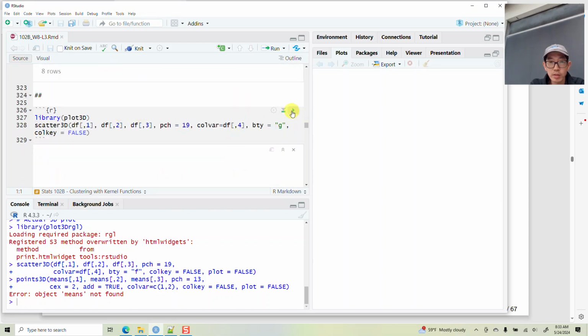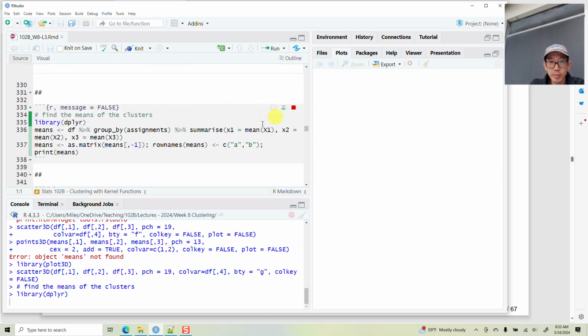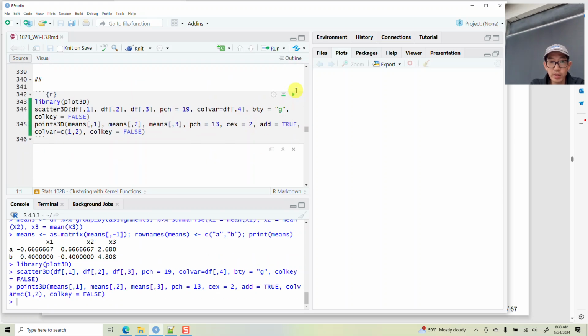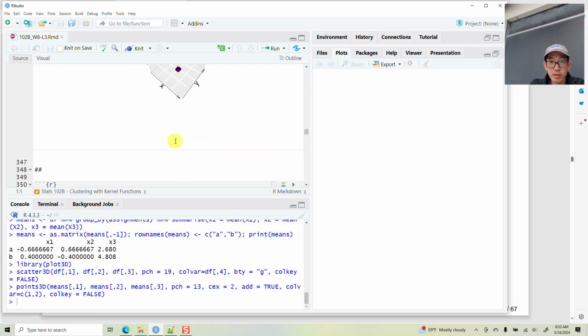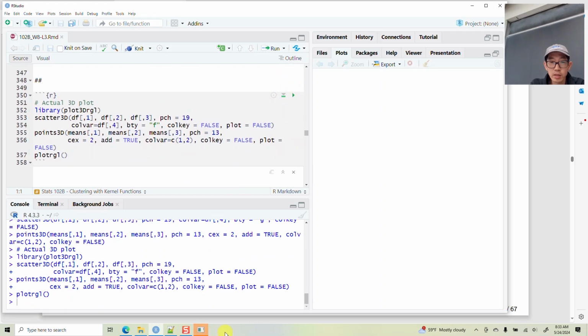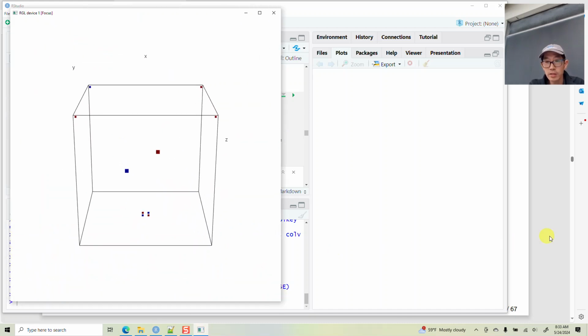Sorry. Let me run this. Okay, we'll find the means with dplyr, and then I'm going to plot this here. Okay, so here we go. Oh, it's a little hard to see.